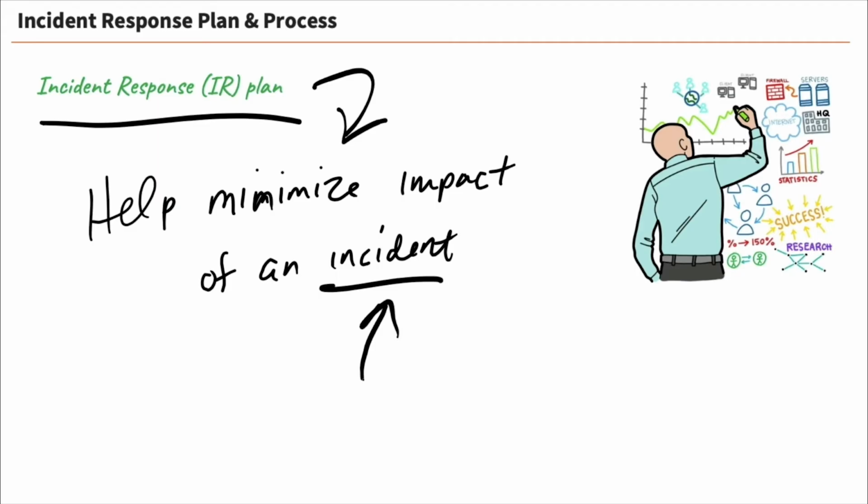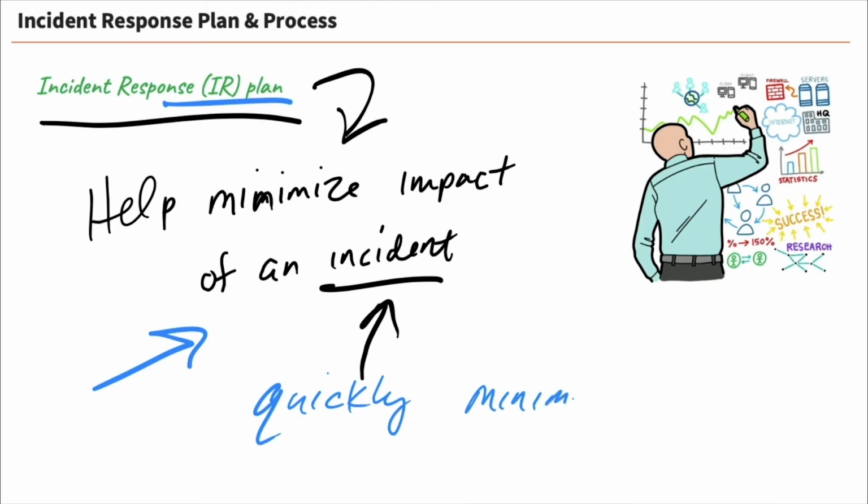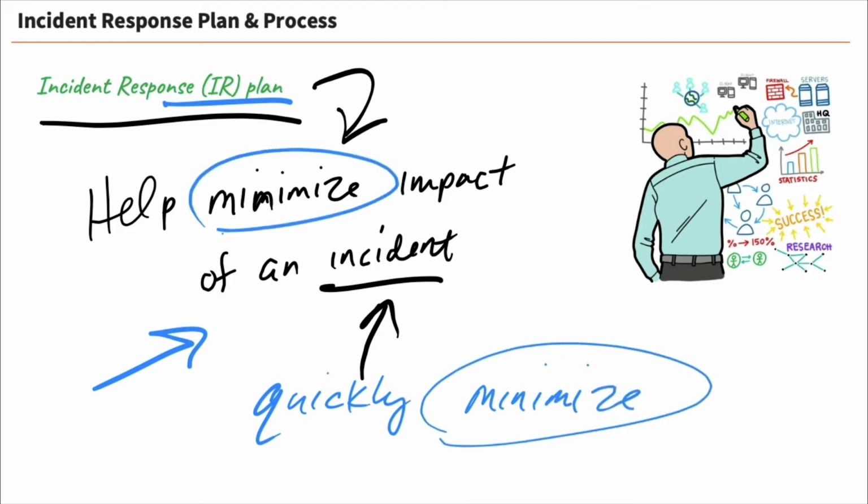Remember, an incident is a bad thing. The attacker gains access to a system or performs a denial of service or something like that. An incident response plan helps us make sure we're ready to deal with that as quickly as possible so that we can minimize the impact. And that is key. Minimize the impact.